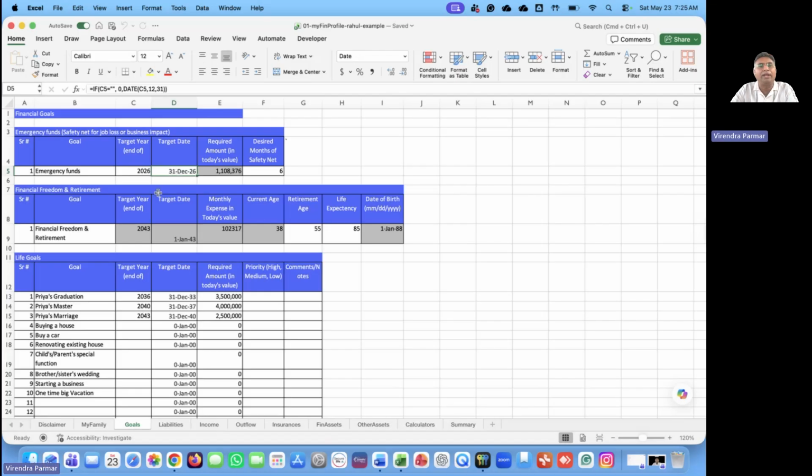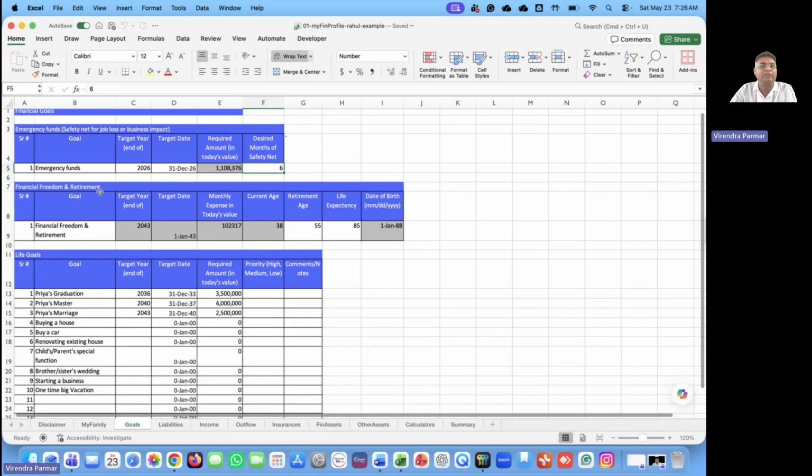Please note that all the dates are in MM/DD/YYYY format. On your computer, it could be different, but when you fill it up, it should show the way it is showing. And you can also fill up the desired months of safety. We generally recommend 6, but of late for many clients, I recommend 12 months given the job uncertainty in the IT sector.